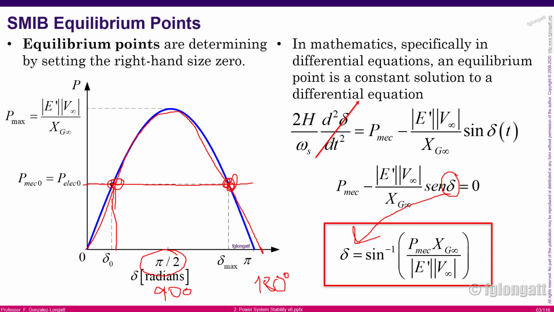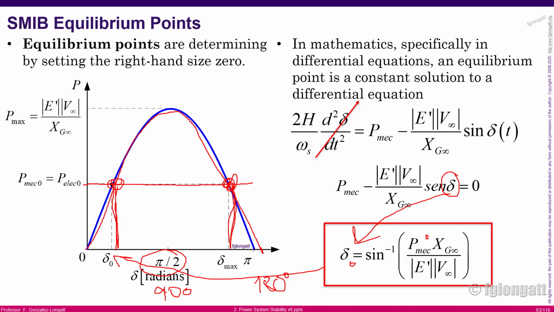There is an intersection here before 90 degree, and there is another after 90 degree and 180, okay? And we can obtain those values. Yes, we can do it very simple, and we can obtain, for instance, this one here, okay?